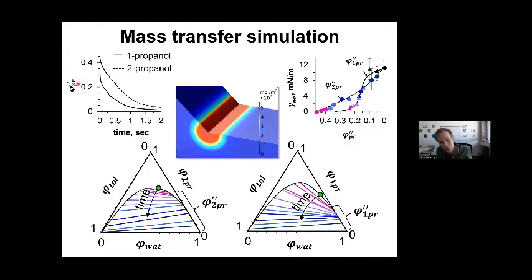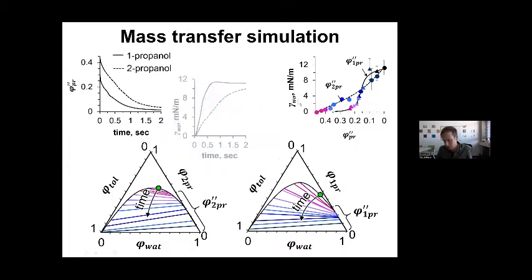And now we can combine the known or simulated volume fractions of propanol in the fiber with the interfacial tension to obtain this graph. It estimates how fast the interfacial tension increases with time for the system of 1- versus 2-propanol. And we find that for 1-propanol, the interfacial tension increases more rapidly than for 2-propanol.